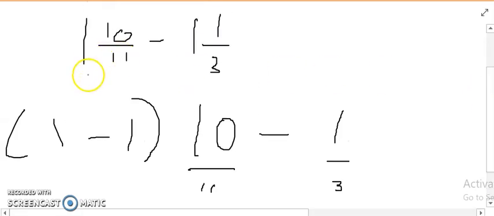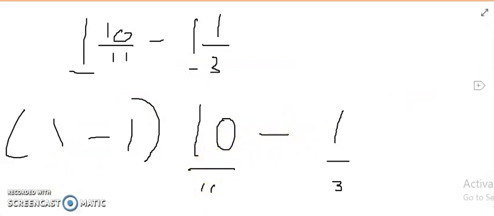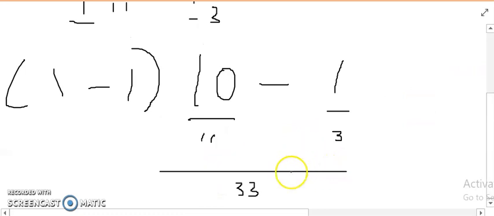So we have 1 whole number 10 over 11 subtracted by 1 whole number 1 over 3. I took the two whole numbers, that's 1 and 1, and then 1 minus 1, and then we have 10 over 11 minus 1 over 3. The LCM is 33. 11 in 33, that's 3. 3 times 10, that's 30. 33 in 3, that's 11. 11 times 1, that's 11.